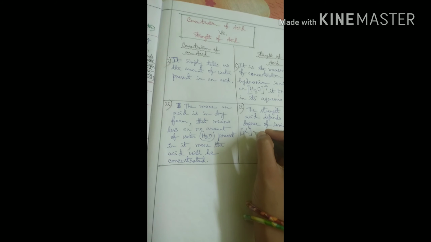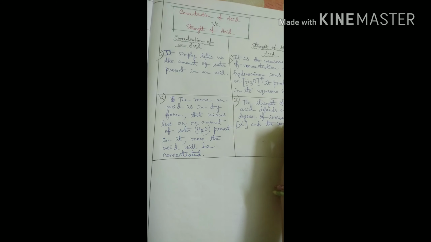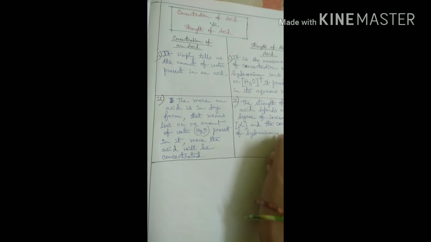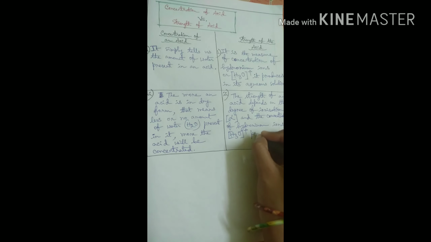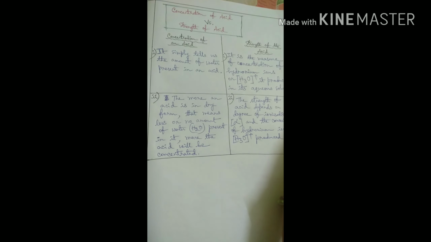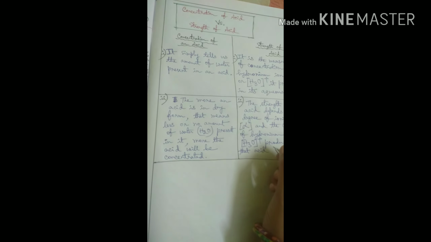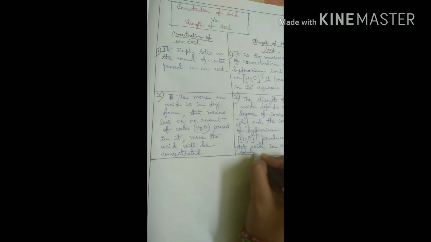The symbol of degree of ionization is alpha, and the concentration of hydronium ions, H3O+, produced by that acid in aqueous solution.